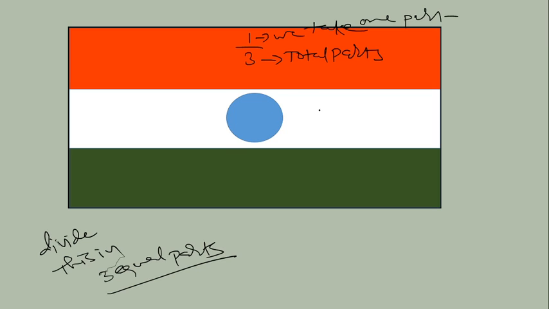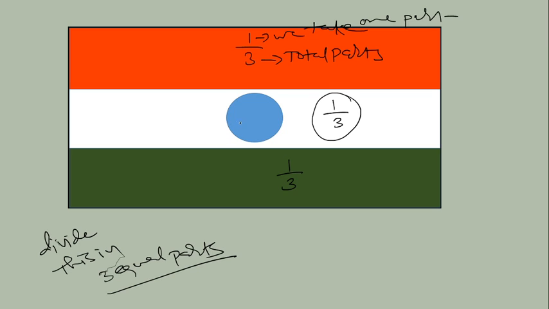The second one is again the white color. This is divided 1 by 3 and this is 1 by 3. This is actually not equal to 1 by 3. Why is it not? Because here some blue color is added. The Ashoka Chakra, with its 24 arrows, is in blue, a different color than white.